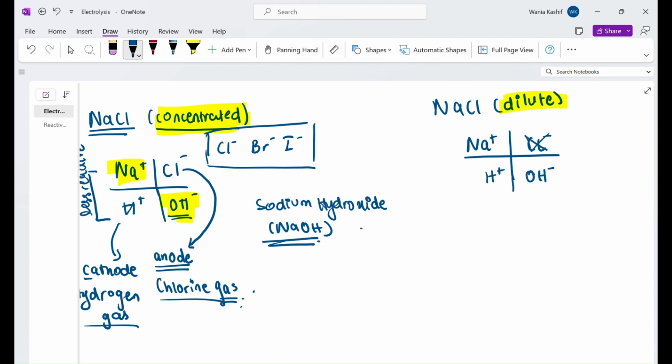So since the chloride ion won't be taking part in the reaction, you're going to have hydroxide go forward to anode. And the product that the hydroxide ion forms is oxygen gas. Always. Once again, over here, hydrogen is less reactive, so hydrogen gas is formed.